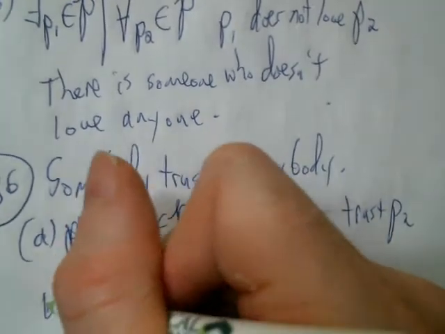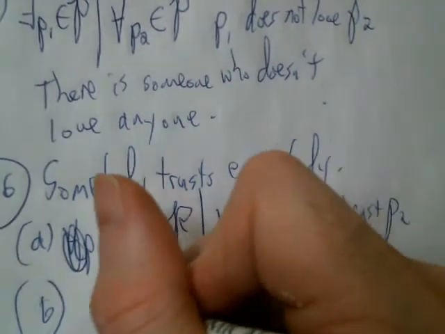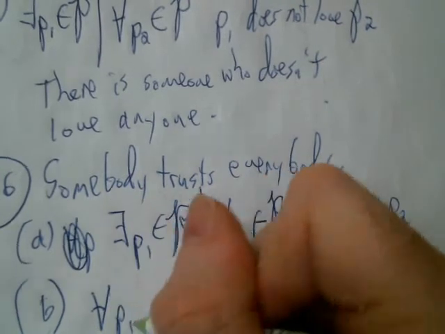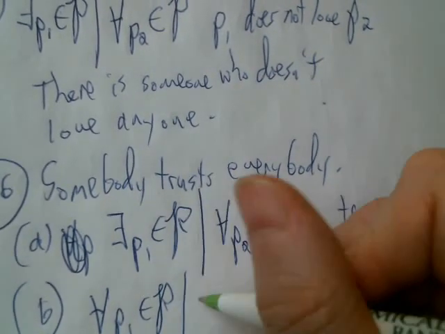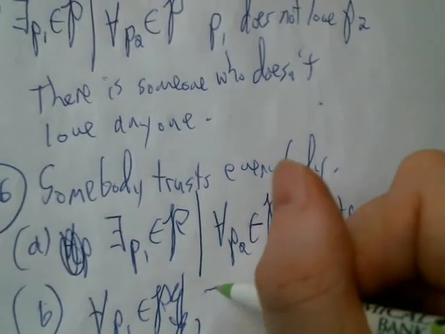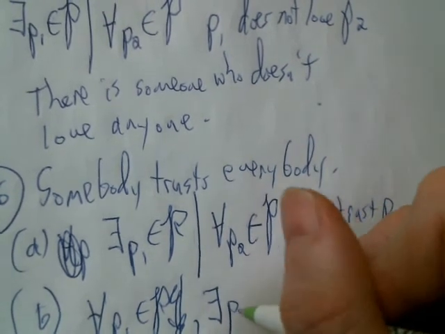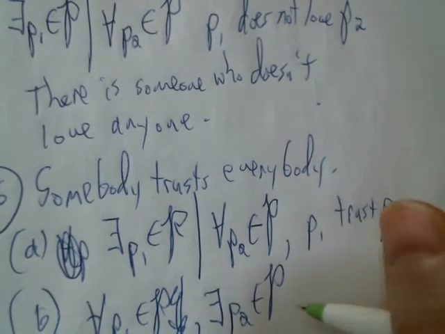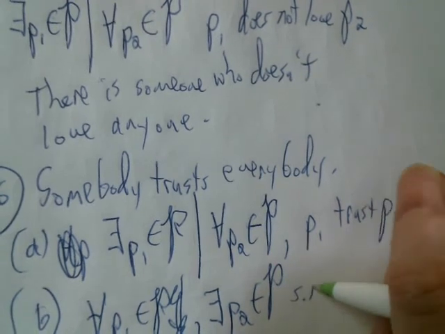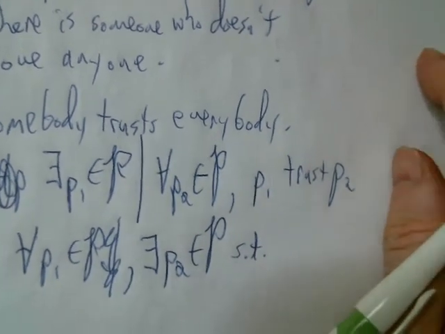And then we want to negate it. So for all P1 in the set of all people, there exists P2 in the set of all people such that P1 does not trust P2.